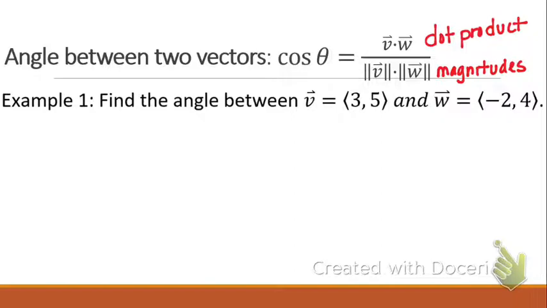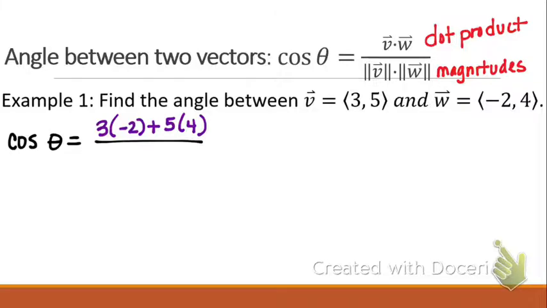We're going to multiply the magnitudes together. Okay, so for example 1, I have vector v and vector w, and I want to find the angle between those two vectors. So the cosine of theta is going to equal our dot product, which again, to find our dot product, we multiply our x's, so that would be 3 times negative 2 plus 5 times 4.